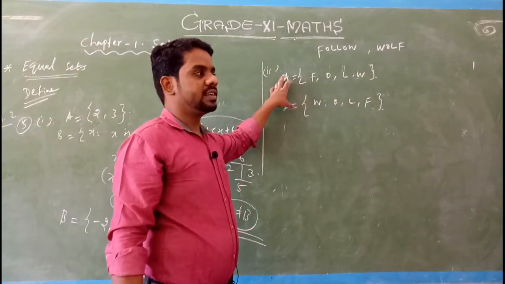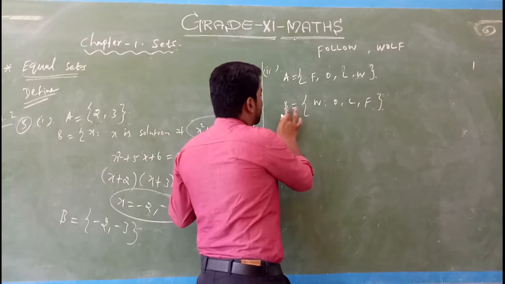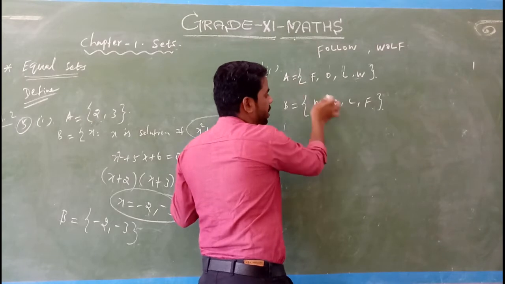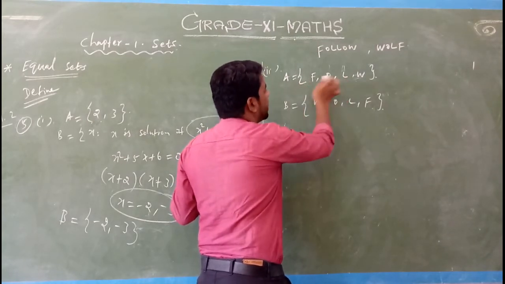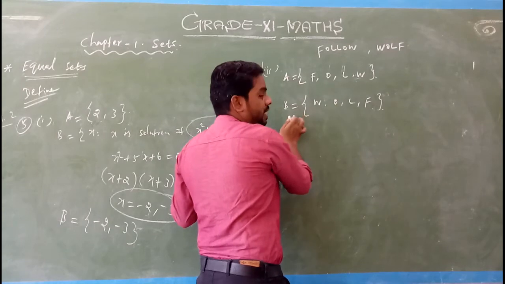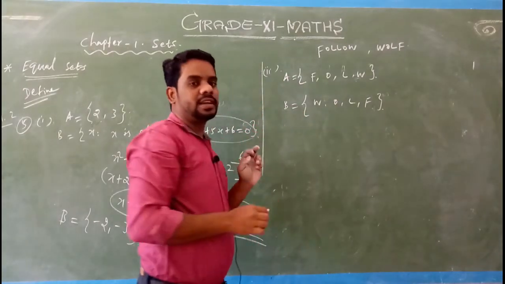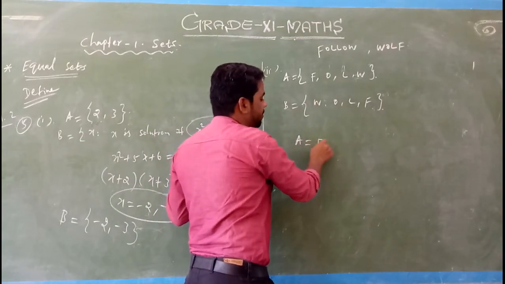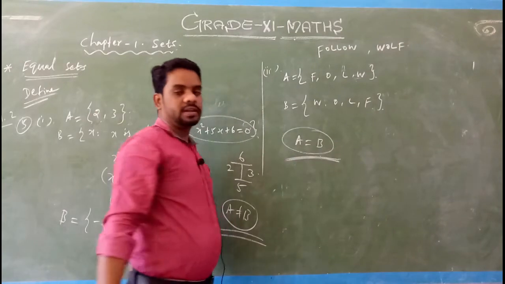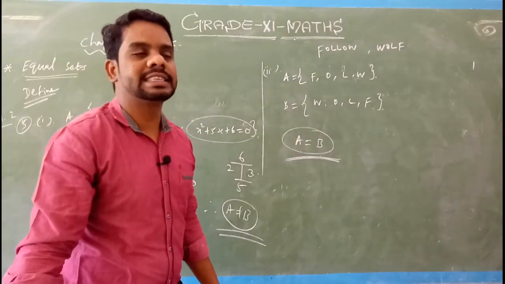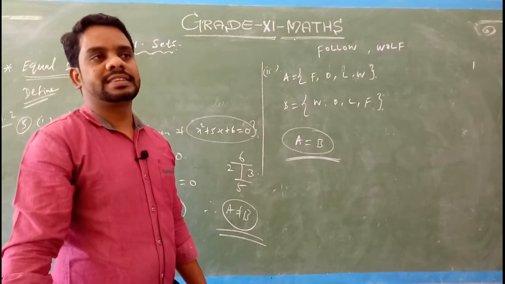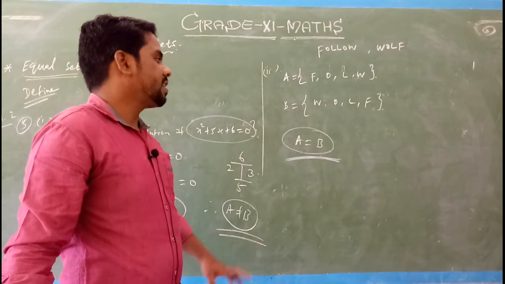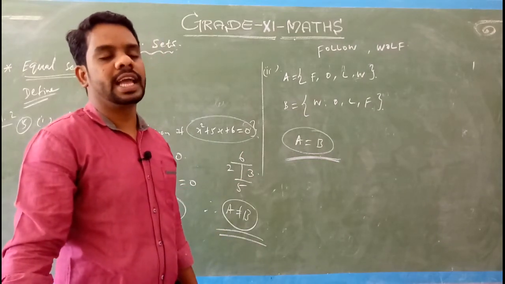Here F belongs to A and F also belongs to B. O belongs to A, O also belongs to B. L belongs to A and W belongs to A, so L and W also belong to B. So the sets A and B have exactly the same elements. A is equal to B, because these two sets have the same elements, and order is not significant. Okay? Right. So set A equal to B. A and B are equal sets.